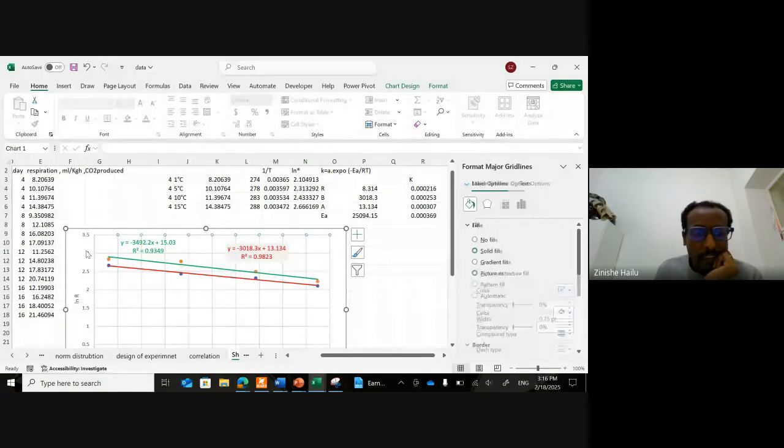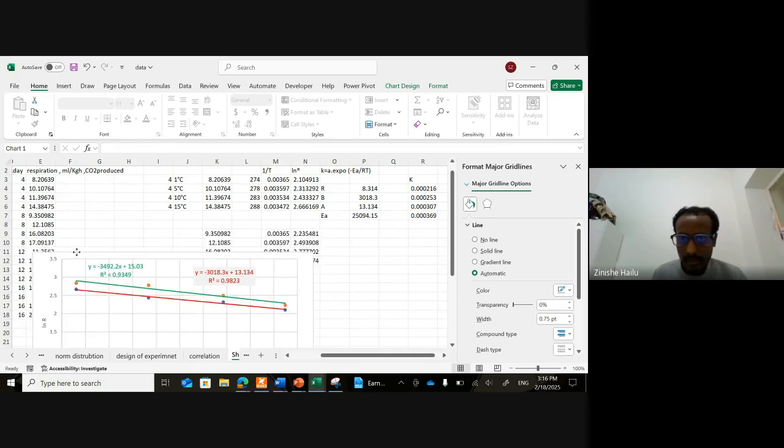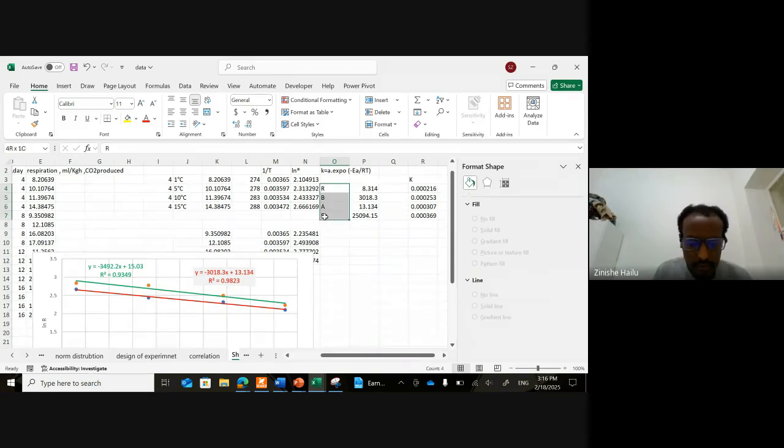So from this, we can use the slope, which is here 34.92. These parameters are the same.